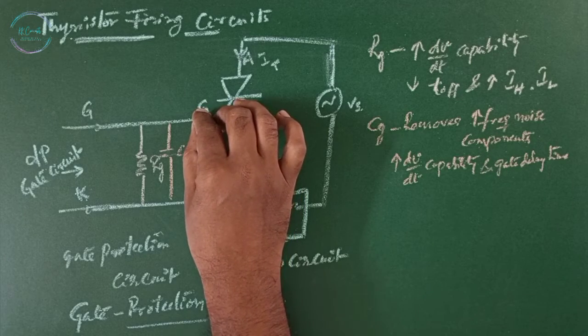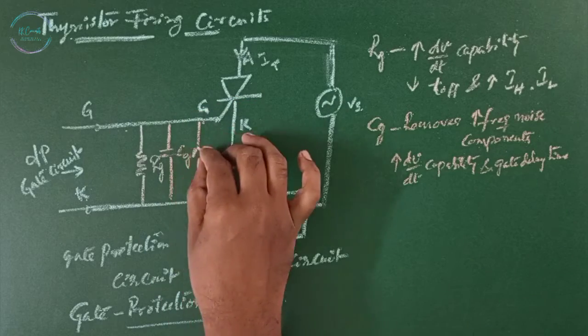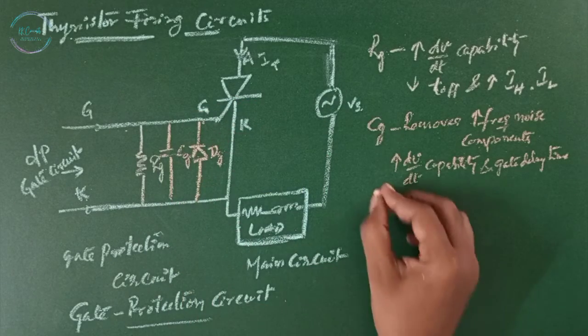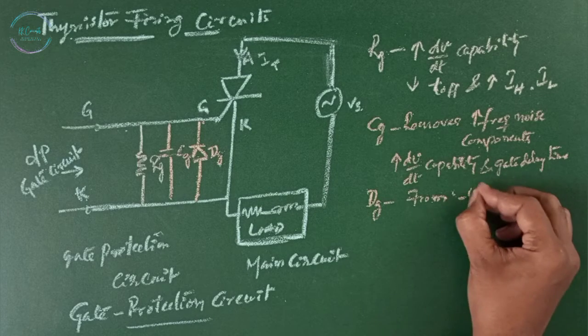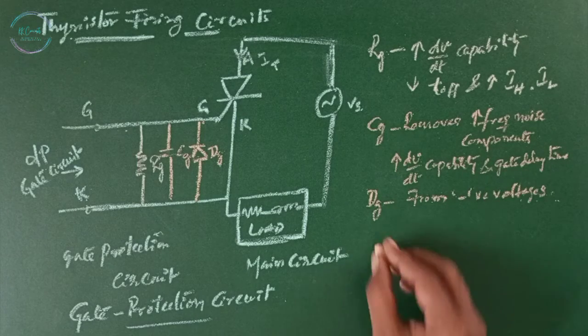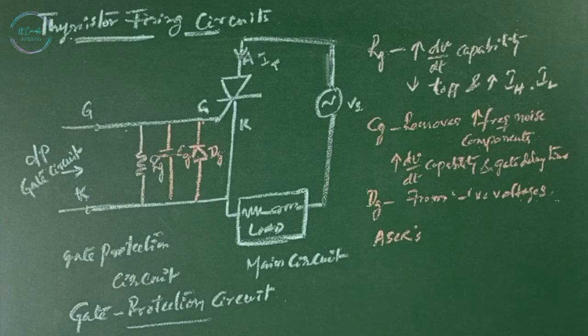And the protecting component diode Dg protects the gate from negative voltages. However, for asymmetrical SCRs, it is desirable to have some amount of negative gate voltage to improve the dV/dt capability and also to reduce the turn off time.